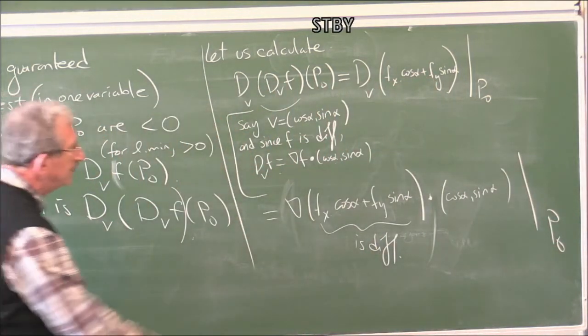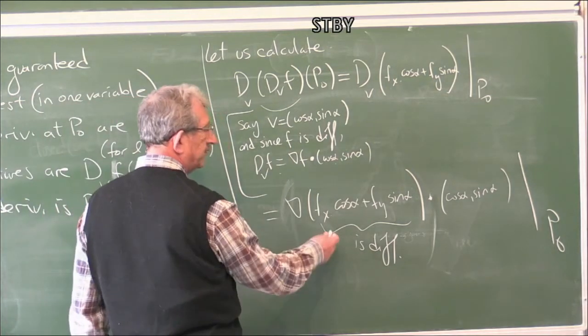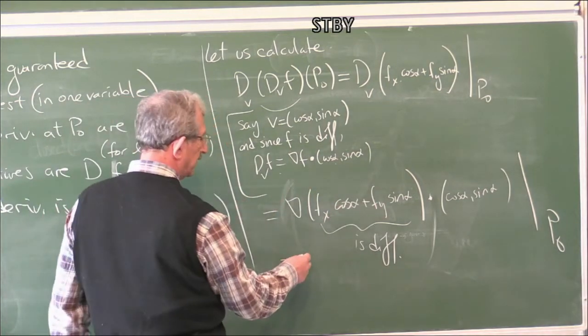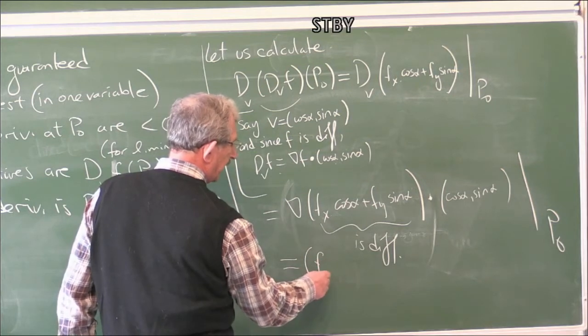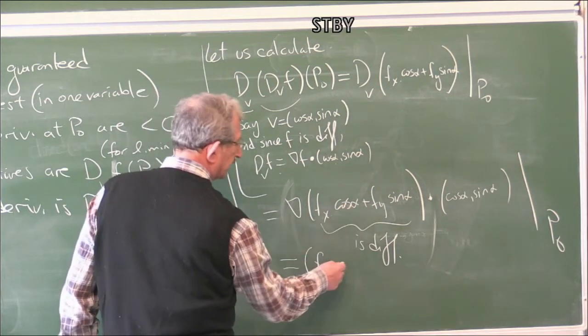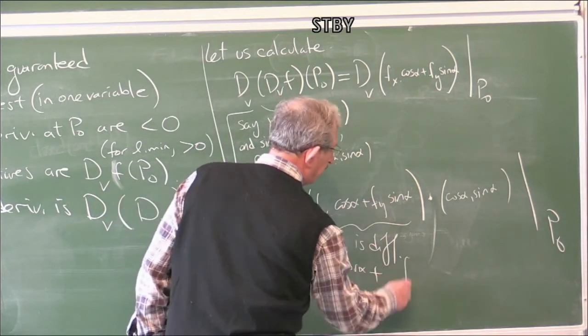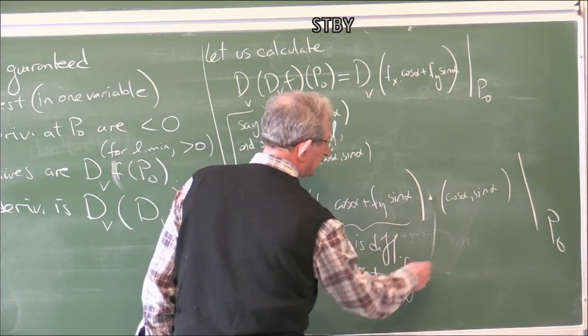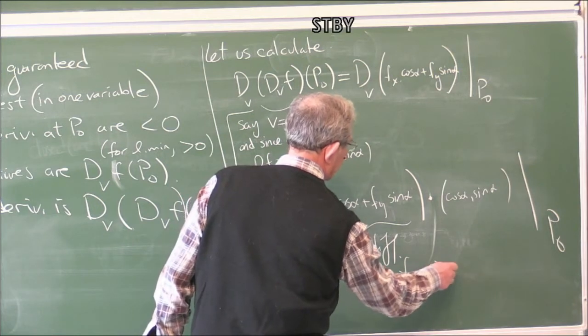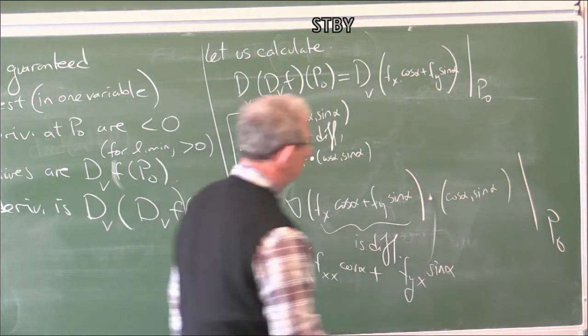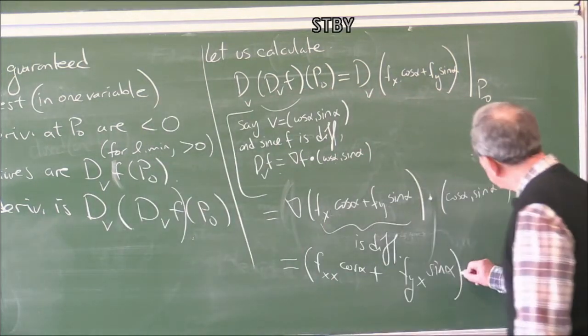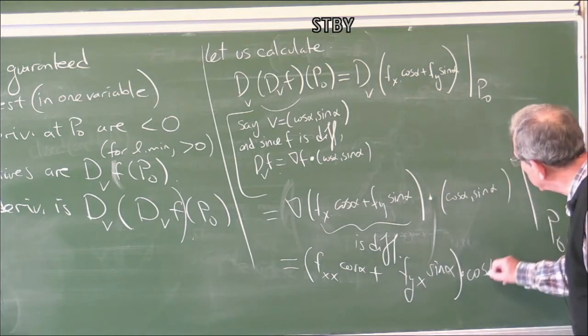Now, what is that? That's easy to calculate. The derivative with respect to x is then f_xx, cosine is constant, plus the derivative of f_y with respect to x is this one. And we multiply this with cosine alpha.